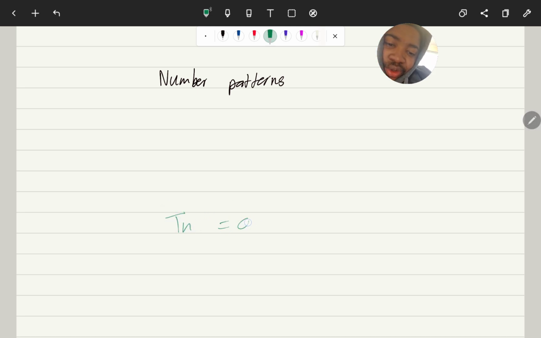You have Tn equals an plus, let's say, b. Now in terms of these things, what do they mean? This is your term value.